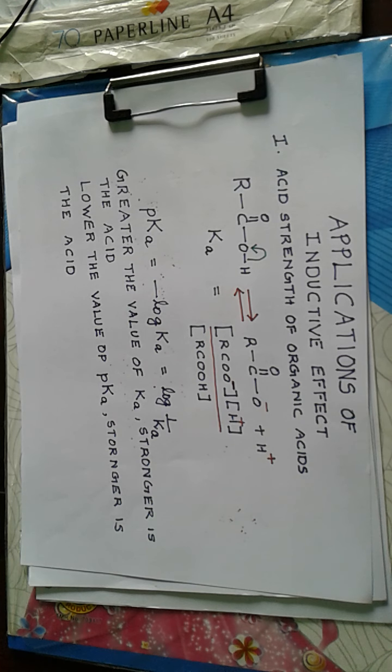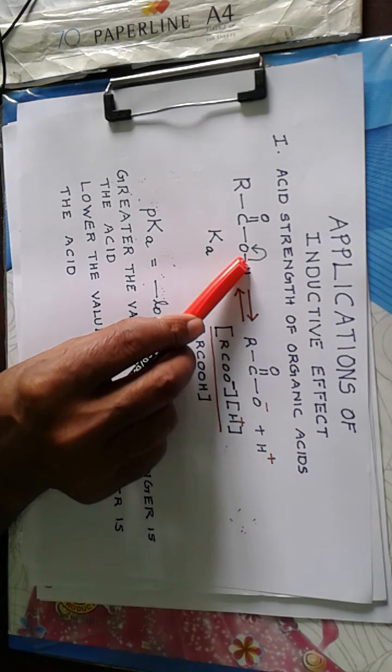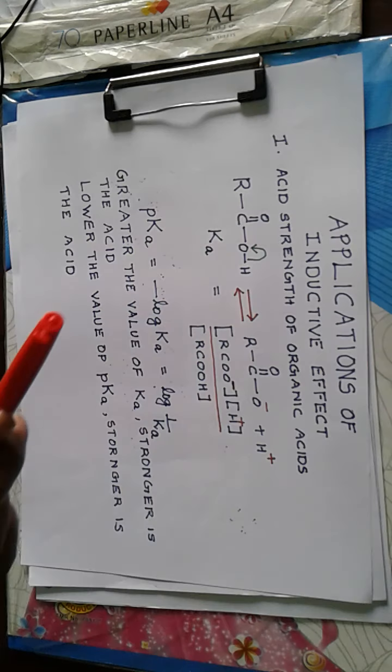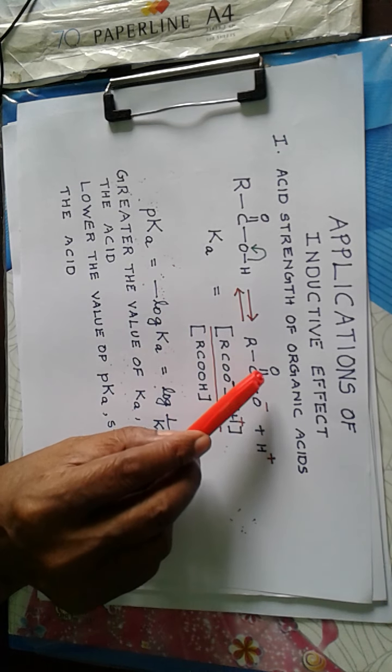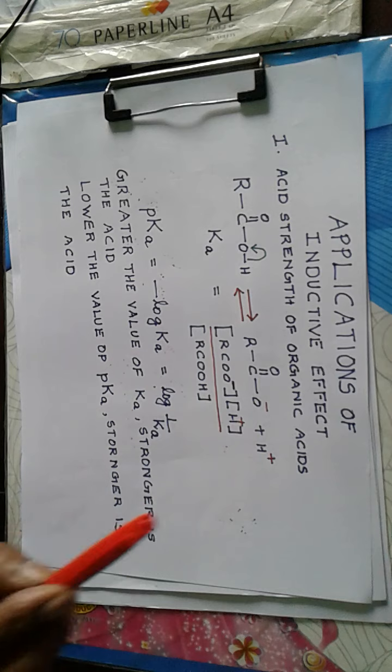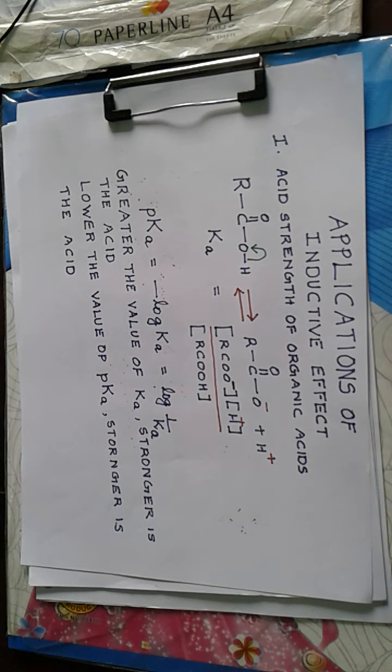So organic acids are weak acids, and RCOOH can ionize, so that the OH bond shifts over to the oxygen atom. So the pair of electrons will be taken up by oxygen, and we get RC double bond O negative and H positive. It's a reversible reaction, indicating that the carboxylic acid is a weak acid.